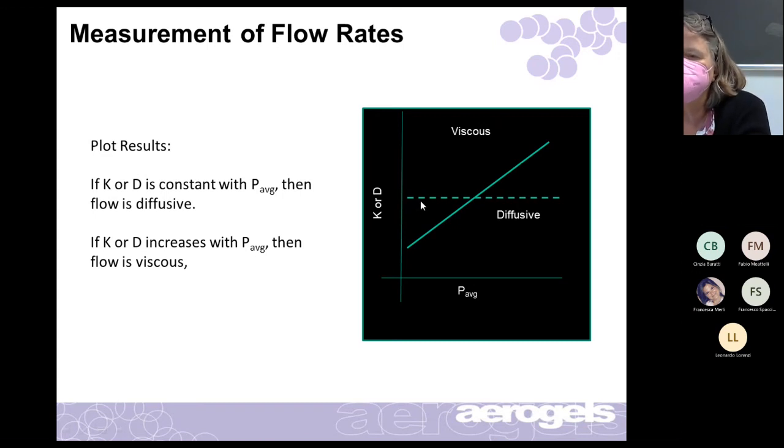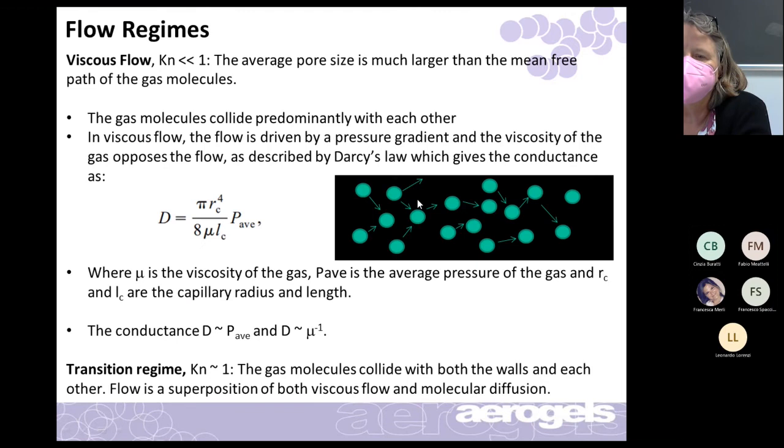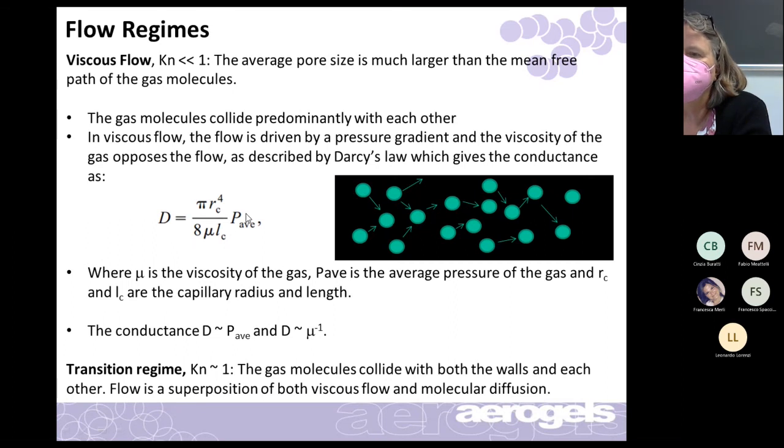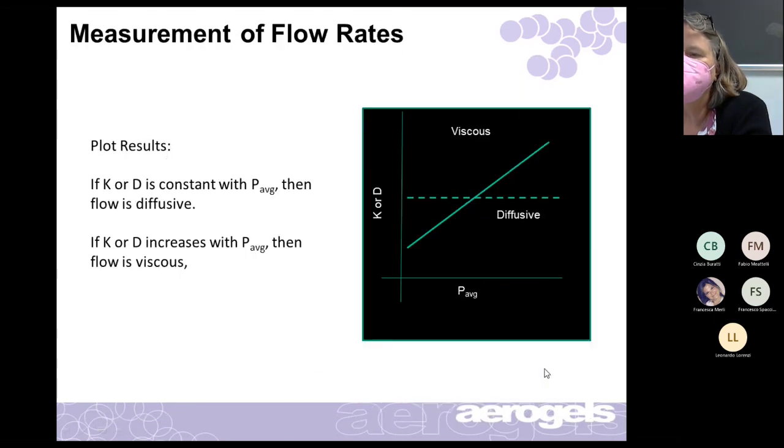This one depends on the pressure. So if your behavior looks like this, you're in that viscous or continuum region. So you can study different materials with the setup I just showed you, get this information, and determine something about the nature of the flow.